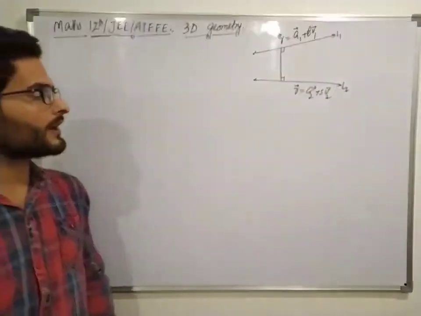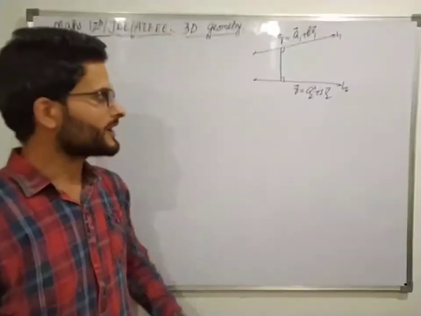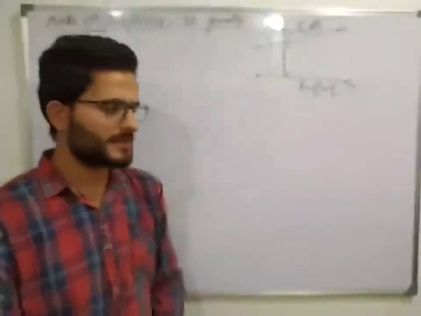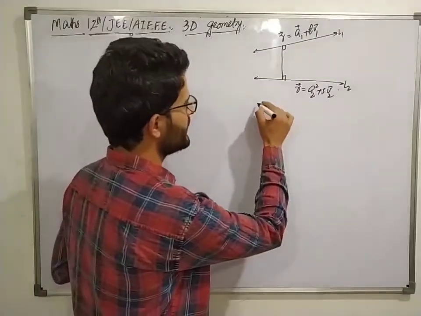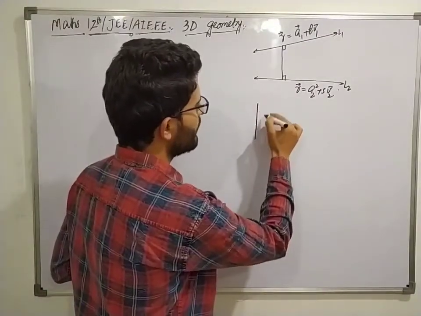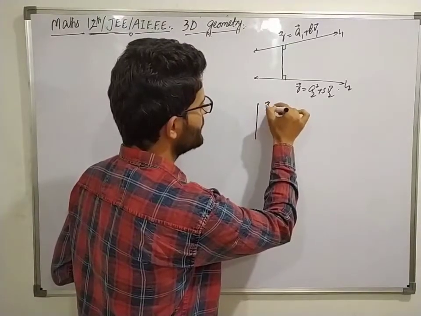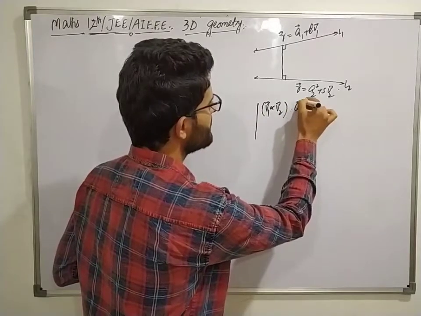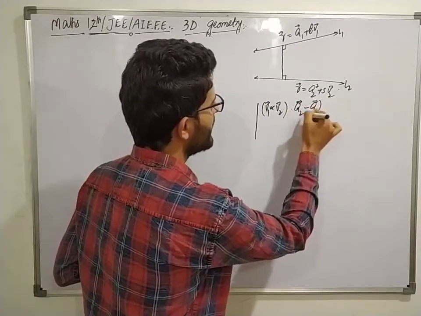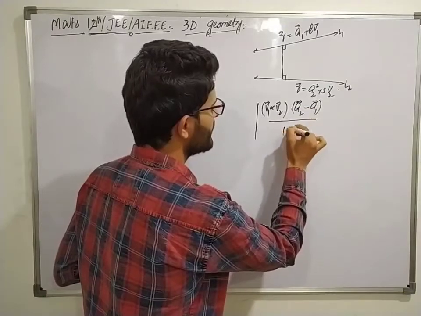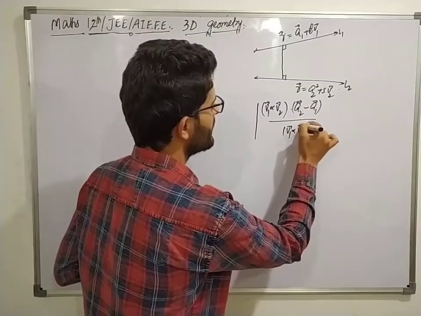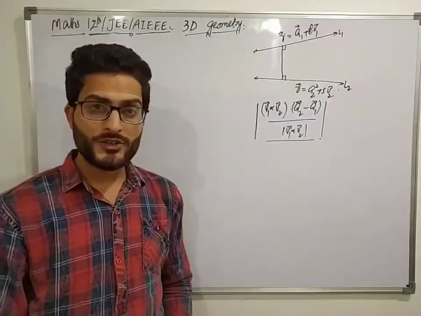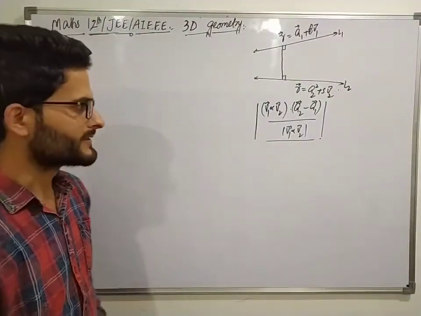If they are two skew lines, then the shortest distance between them is given by the expression that we deduced in the previous class, and that expression is the magnitude of V1 cross V2 dot A2 minus A1, divided by the magnitude of V1 cross V2. This is the expression for calculating the shortest distance between two skew lines.